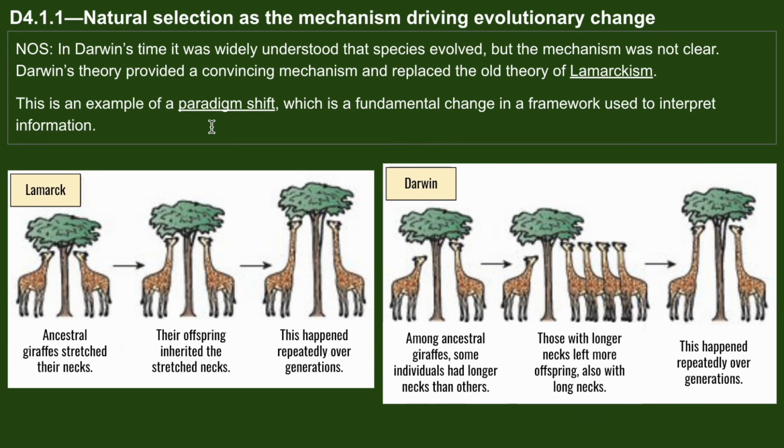A paradigm shift is a fundamental change in a framework used to interpret information. And so we saw that when we left Lamarckism behind, people began seeing evidence for Darwinism, that was a massive change in how people viewed the world. It was a paradigm shift.